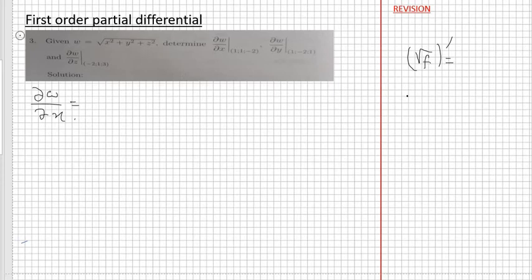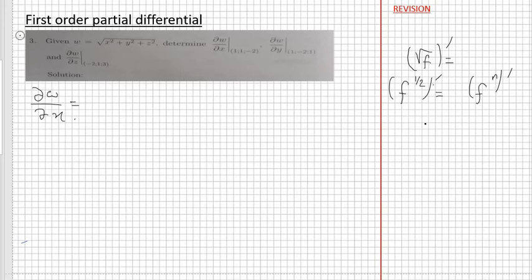They are asking you to determine the derivative of f to the power of 1 over 2, because f to the power of 1 over 2 is the same as square root of f. So you can also use this formula. What is the derivative of f to the power of n?